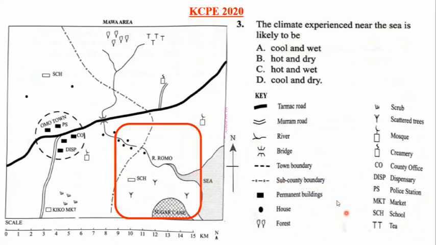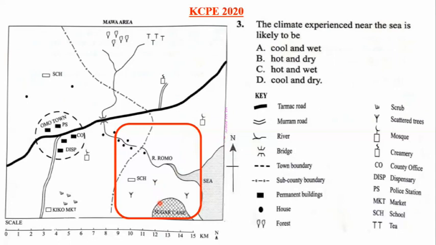What you need to find out is the evidence. We use the evidence to identify the type of climate that is being represented on the map. The evidence here can be the vegetation. One, vegetation is used to identify the kind of climate that is experienced in this area.